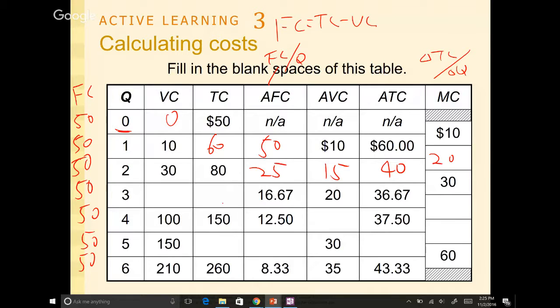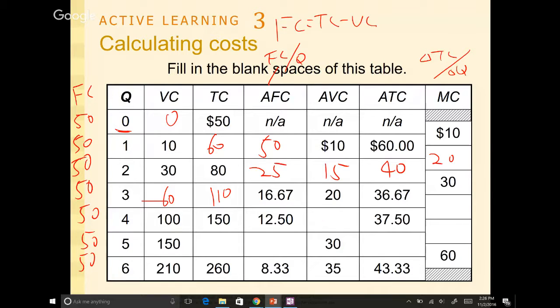We can find total cost. Remember the marginal cost is the difference in total cost, so if this is 80 and this is 30, then this must be 110. Your fixed cost is 50, total cost is 110, and the variable cost is 110 minus 50, which is 60.